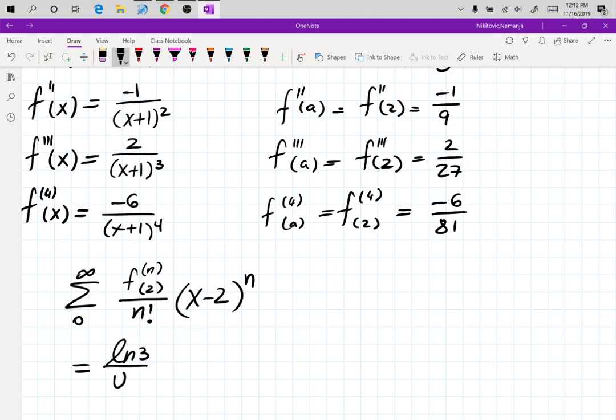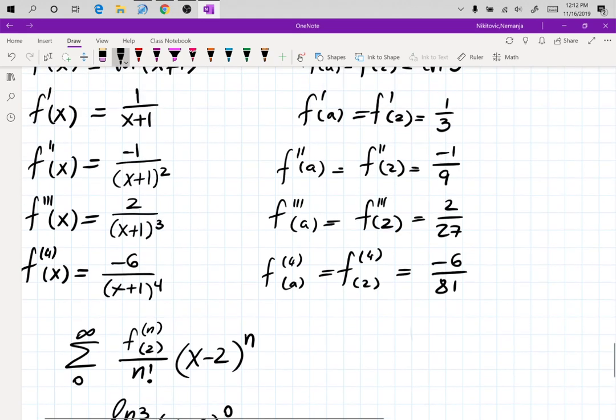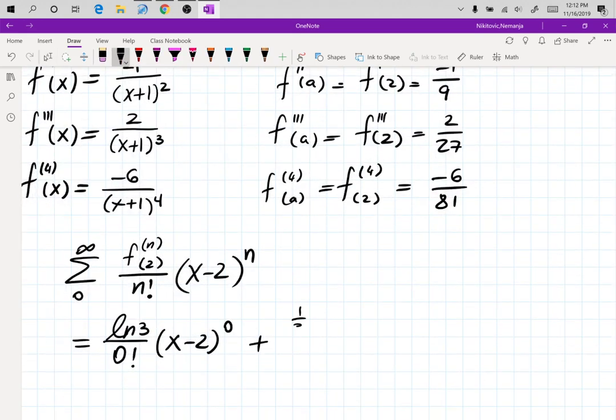ln 3 divided by 0 factorial times x minus 2 to the 0, plus the first derivative is 1/3 over 1 factorial times x minus 2 to the 1.